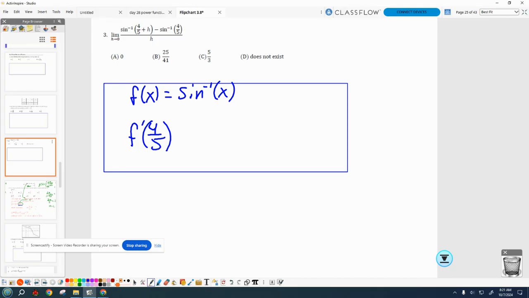So this is how they're going to ask you the limit definition of derivative. They're not going to ask you to do it. They're going to ask you to recognize the pattern, f of x plus h minus f of x over h as h goes to 0. Ask you to recognize it, see what function it's doing. It's doing the derivative of sine inverse. Where is it asking you to evaluate it? At 4/5.